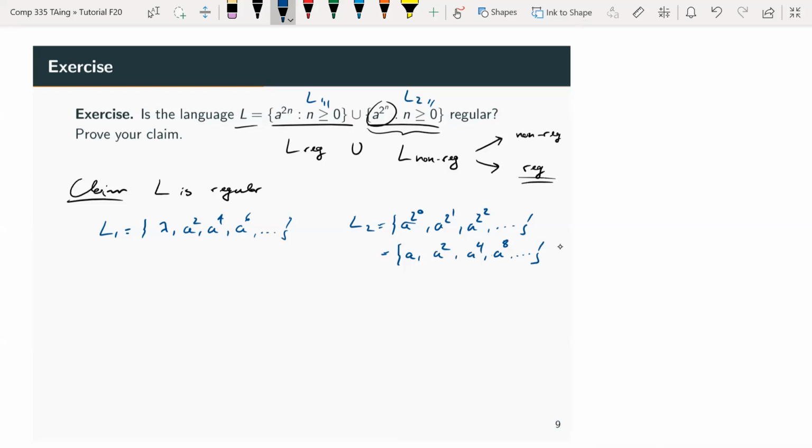So what I actually want you to notice here is, other than A, all of the following, all of the next strings that I'm going to see are going to have an even number of A's. And why is this true?